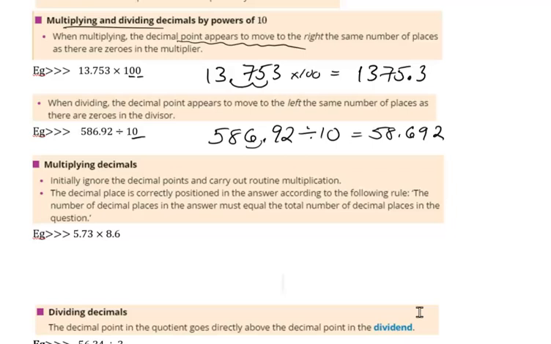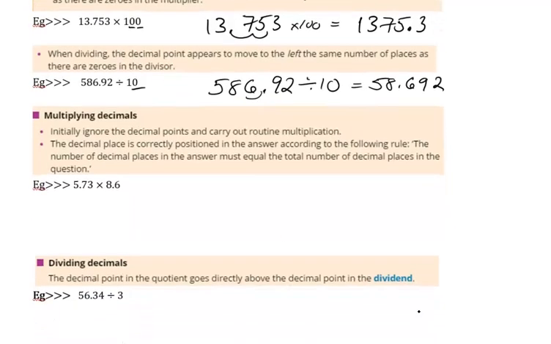Now, when I'm multiplying, I ignore the decimal points, and I just multiply as usual. If you're using a calculator, it is going to figure this out. I would go through my normal multiplication, and I'm going to skip to the end. This, I promise you, will equal 49,278. But then when I put my decimals back in, what does it say here?